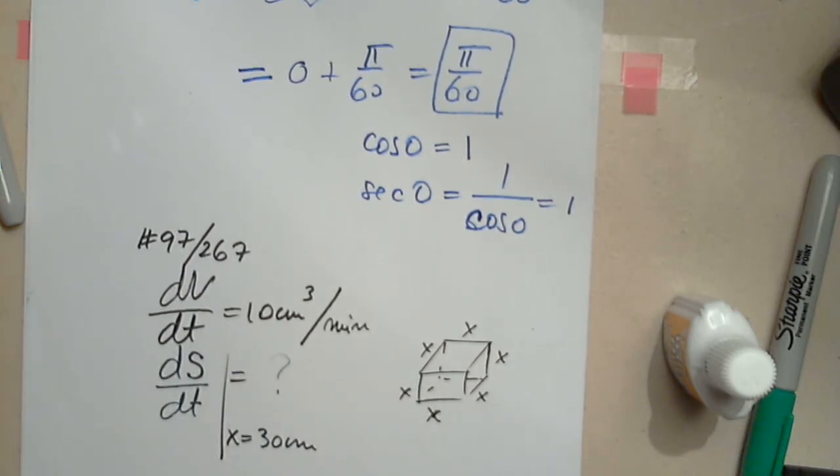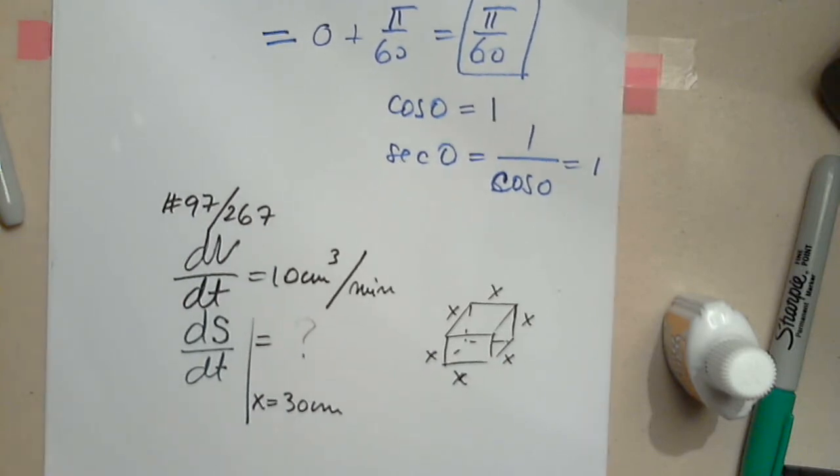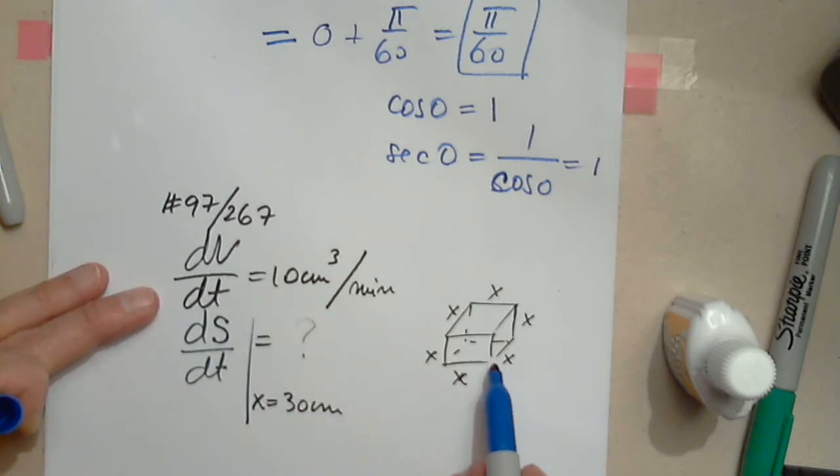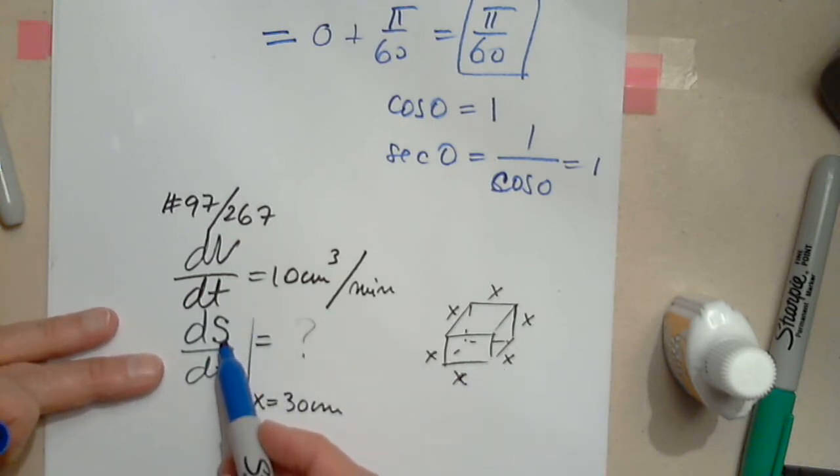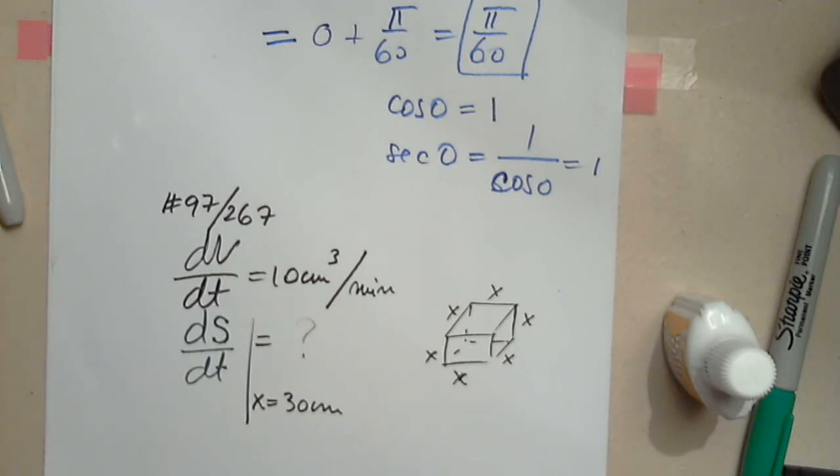How fast is the surface area increasing when the side is 30? Is that okay? Yes. Perfect. Okay, so I have to start with the volume. I have to create the surface area and take it from there. So what is the volume of a cube equal to? X cubed. Very good. What about the surface area of the cube?